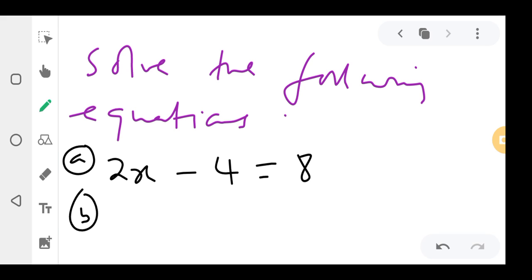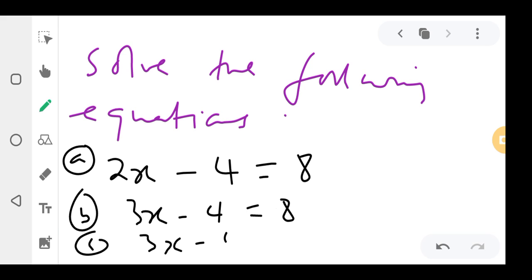The second question is 3x minus 4 is equal to 8. And then question C, 3x minus 4 is equal to negative 8.